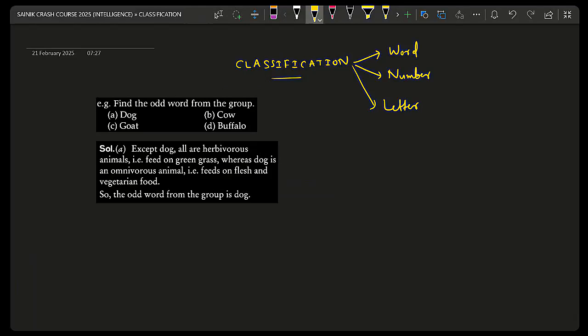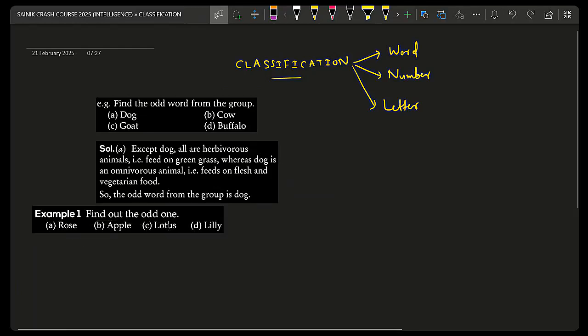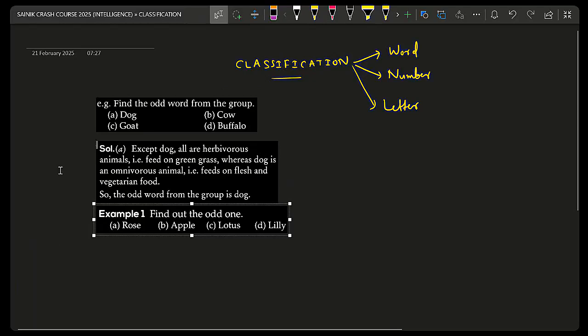Okay, so all of you try this question. Word classification, I'm giving one example. Find out the odd one: rose, apple, lotus, lily.